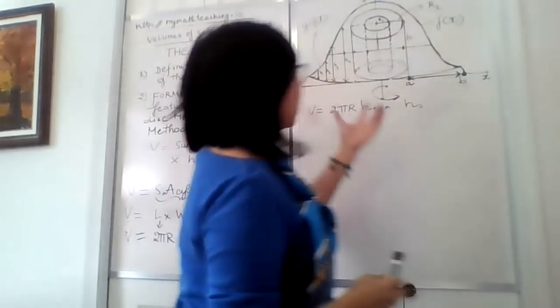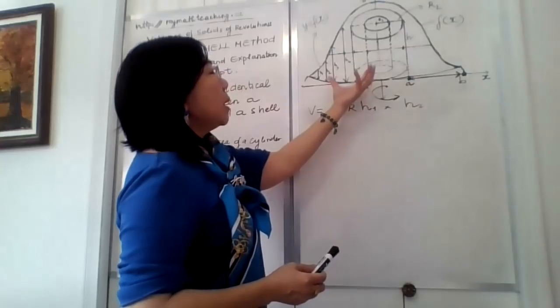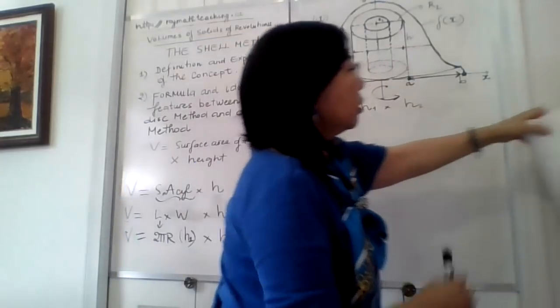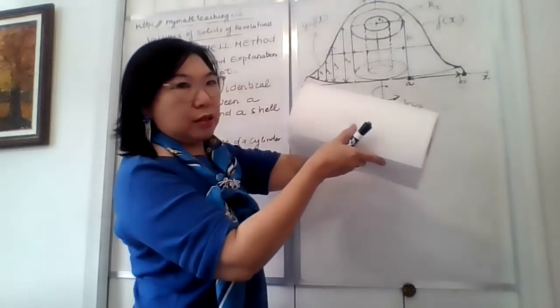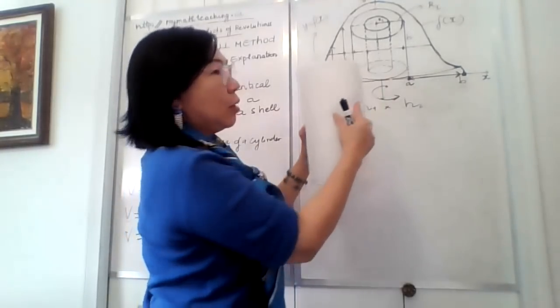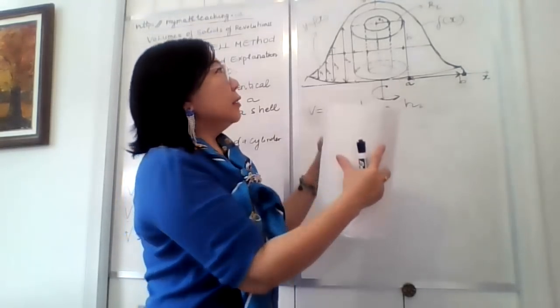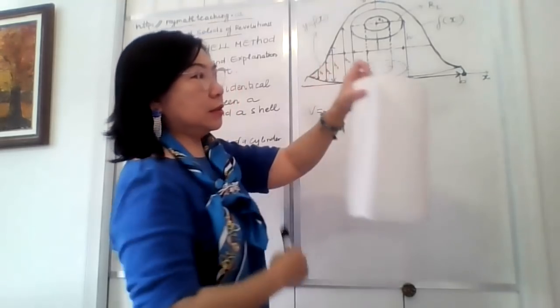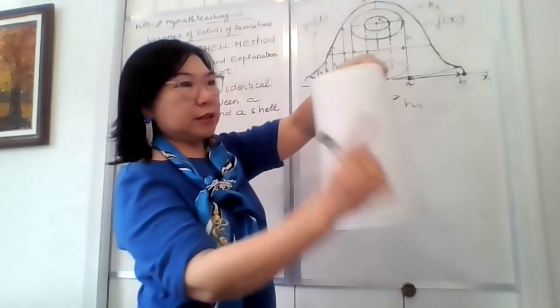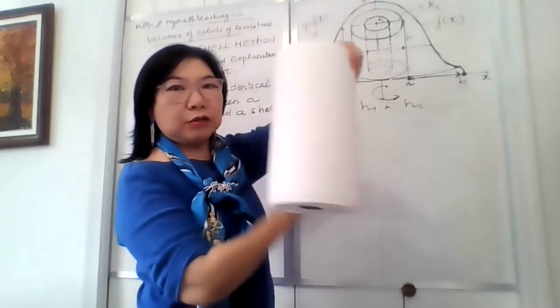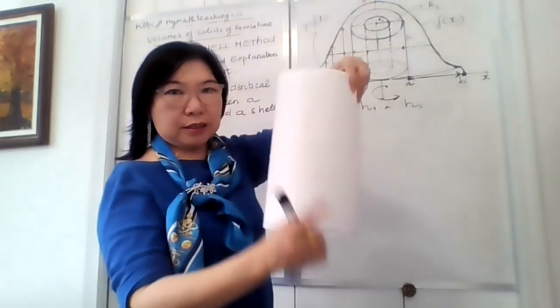But in the shell method, if I don't put this cylinder this way, if I just stand it up normally like this, right? Then the way you generate the shell method technique itself is revolving around the y-axis and not the x-axis.